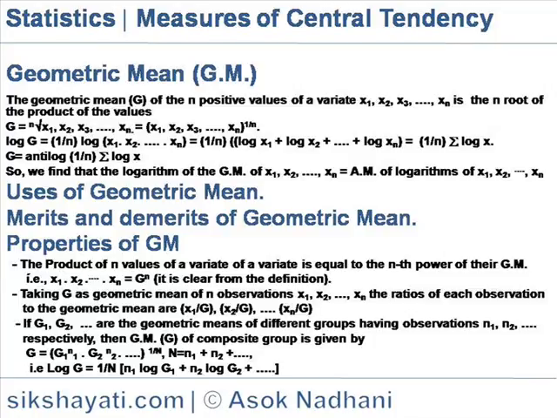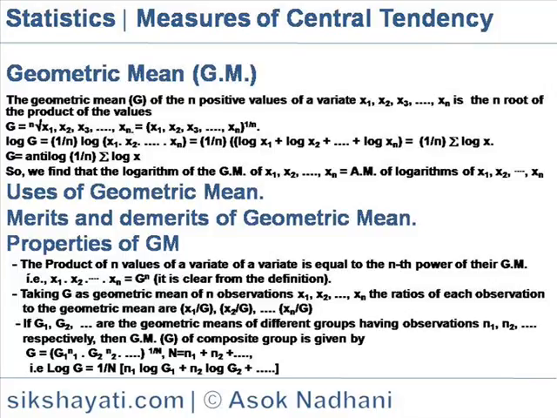Now taking logarithm of both sides, we get log G is equal to 1 by n into log of x1 into x2 into x3 up to xn. So it comes to 1 by n into log x1 plus log x2 plus log xn, like that up to n terms, which is equal to 1 by n sigma log x.